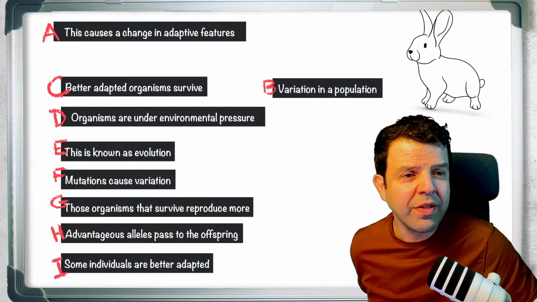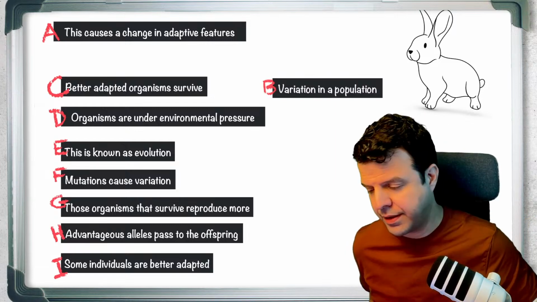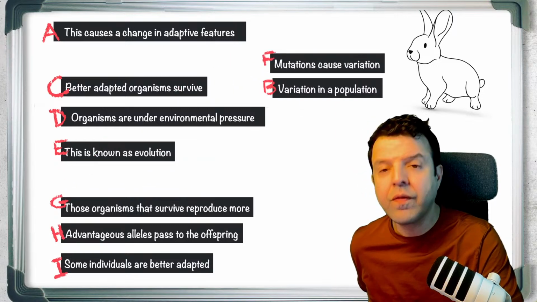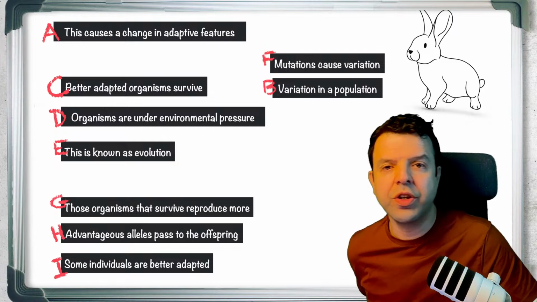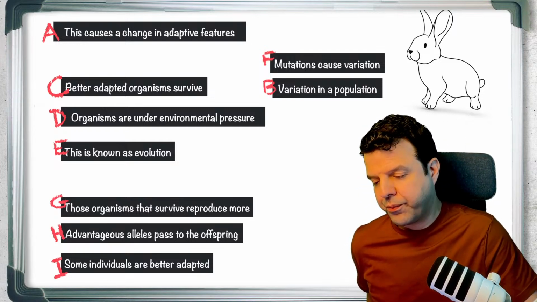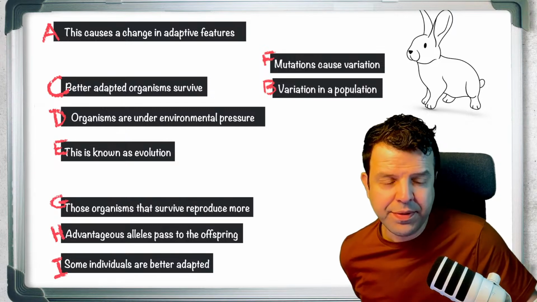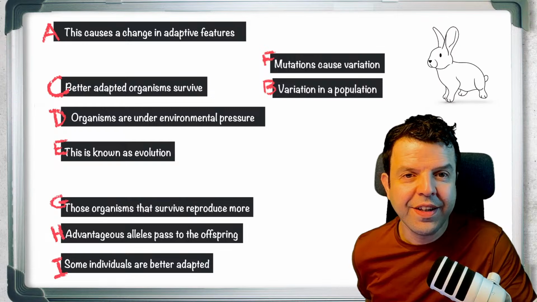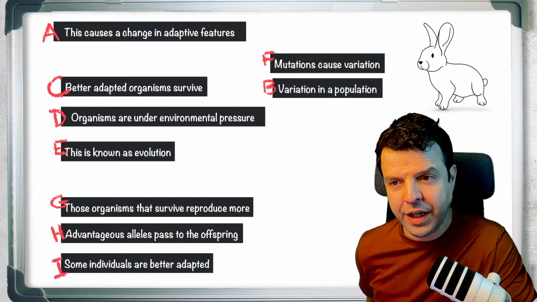We said the major cause is mutation. So mutation causes this sort of variation. Good job. Now, what happens next that favors this particular feature? What do we say now?